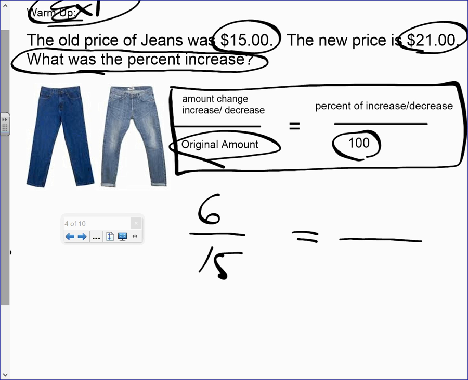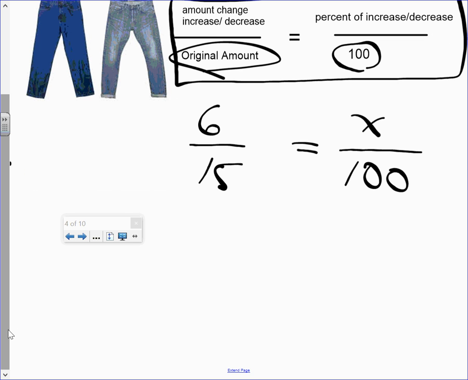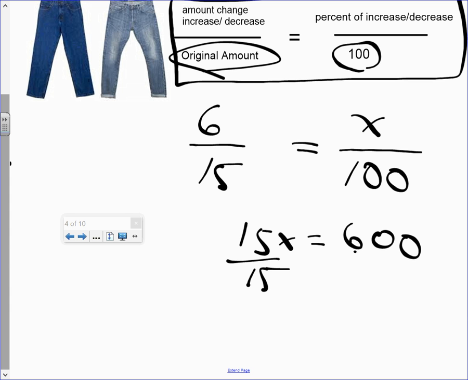Percent increase and decrease, what is that? Right, that's your question. That's your X. And that's always out of 100 because percent literally means out of 100. The rest is a cakewalk, right? Cross multiply. 15 times X is 15X. 6 times 100 is 600. We're about to find the percent increase in the price of the jeans right now.